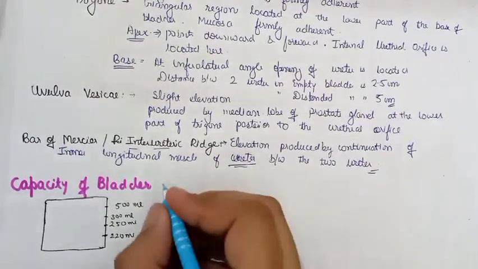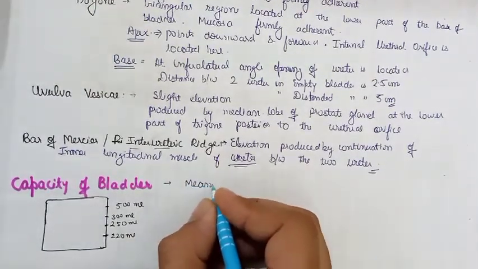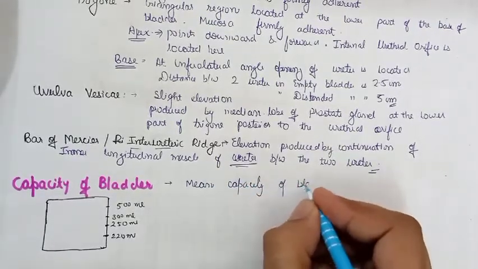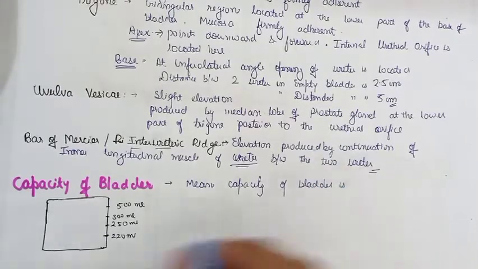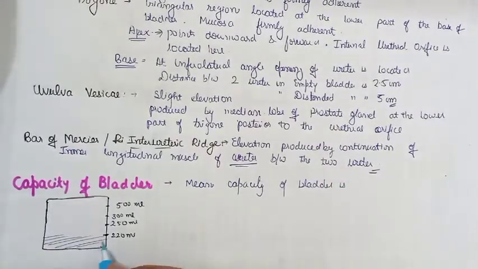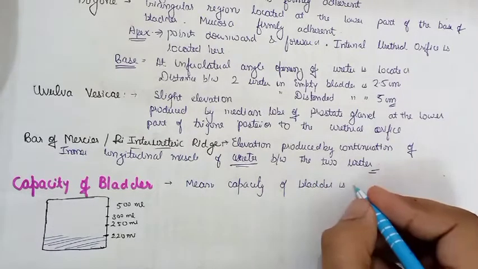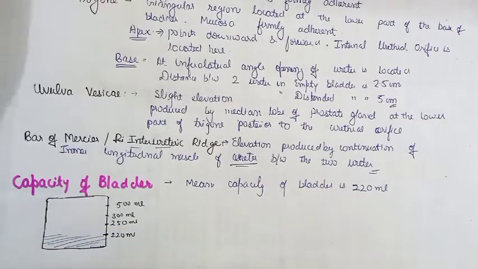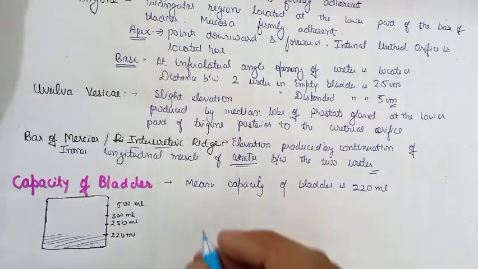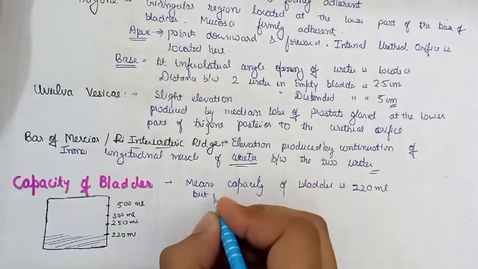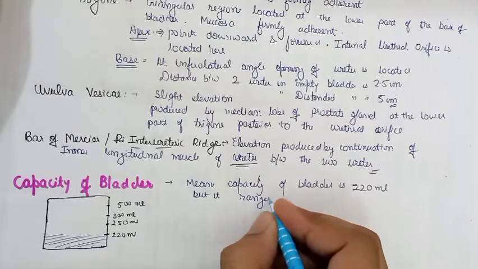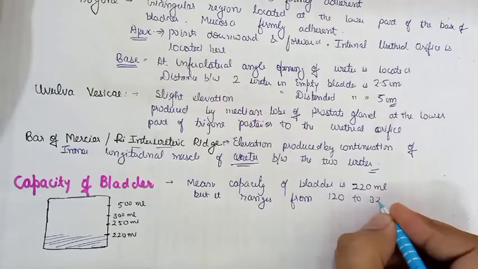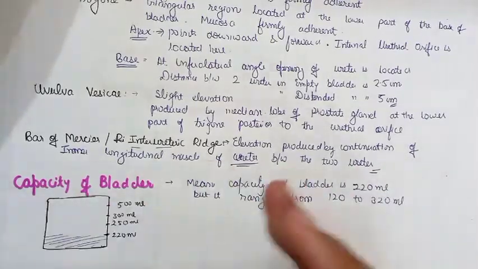The mean capacity, or the average mean capacity, of the bladder is 220 ml. But the capacity varies from 120 extending up to 320. It ranges from 120 to 320. You can see how vast the range is.